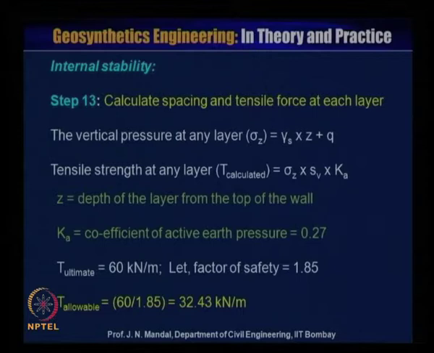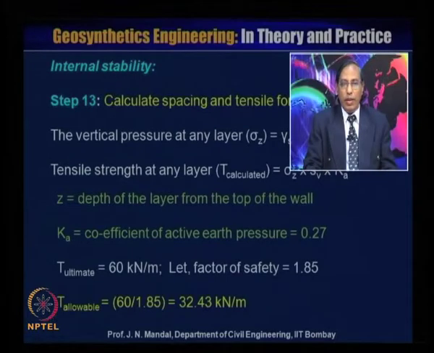Now the tensile strength at any layer, T calculated, will be equal to sigma z into SV into Ka, where Ka is the coefficient of active earth pressure that we calculated earlier, that is 0.27, and SV is the spacing between the two reinforcements.